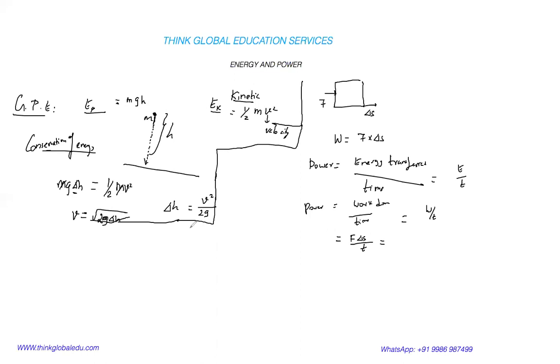Now we have discussed power. Now we can discuss efficiency. So when we have power, we want to discuss the efficiency of the work which we do. That's what determines the usefulness of the work. So efficiency is nothing but useful work done divided by total energy input.